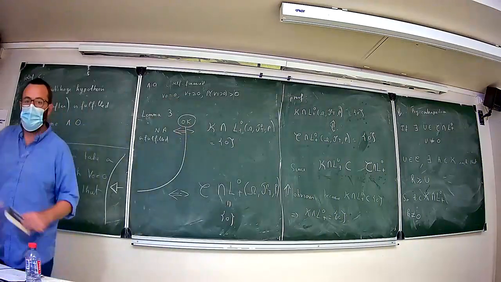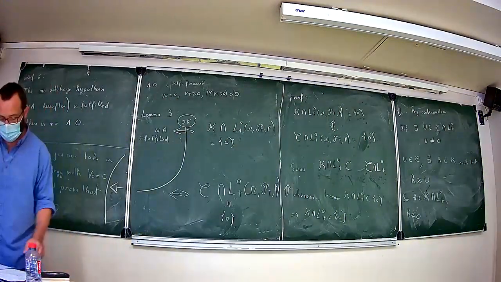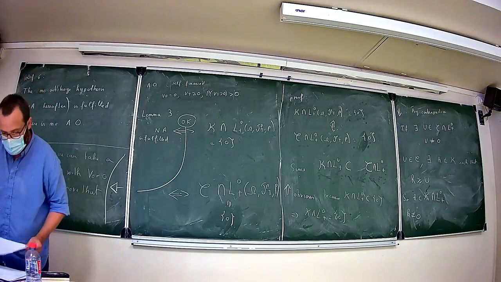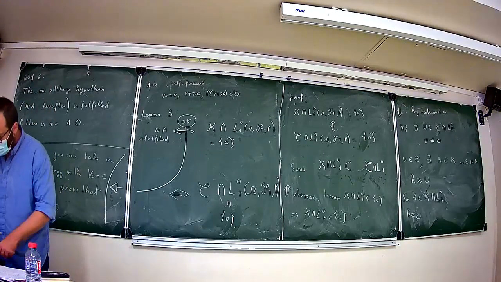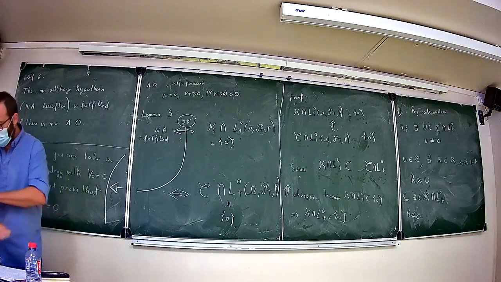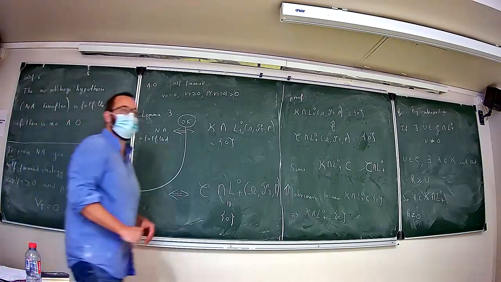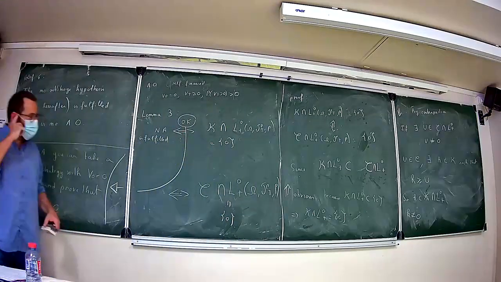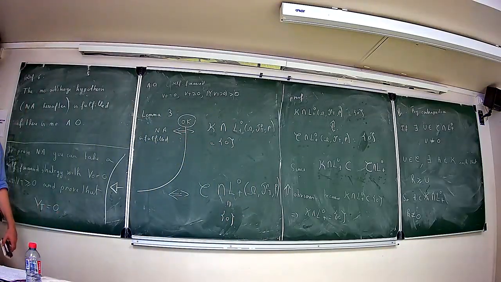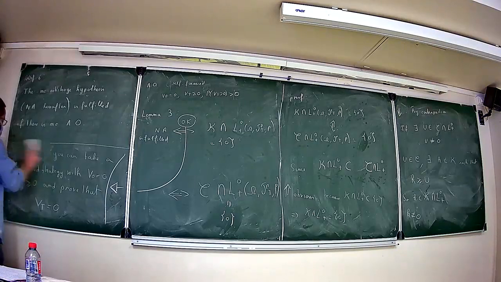Okay? So it remains 5 minutes. What can I do in 5 minutes? I can maybe just introduce a definition, a lemma that I will prove next session. May I erase? I erase.